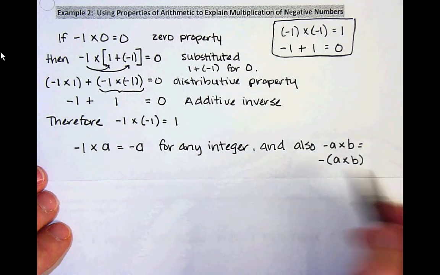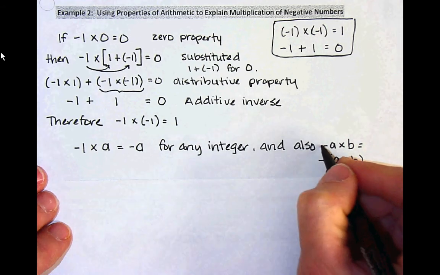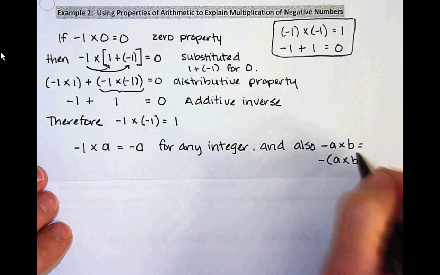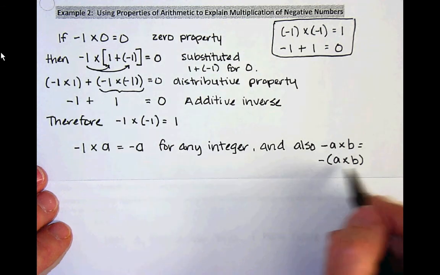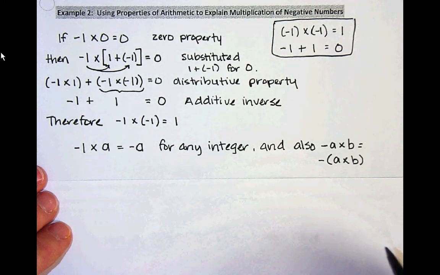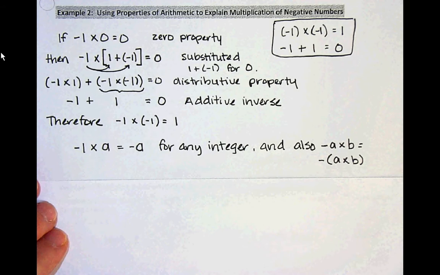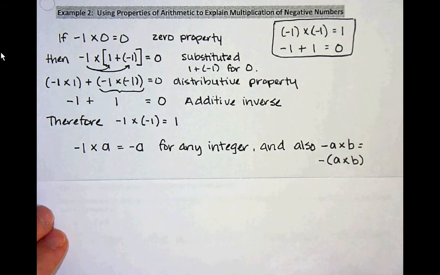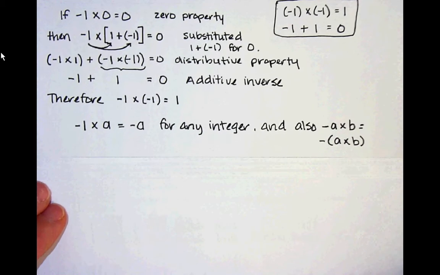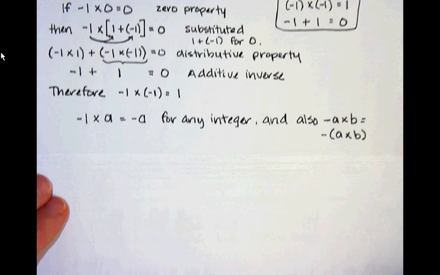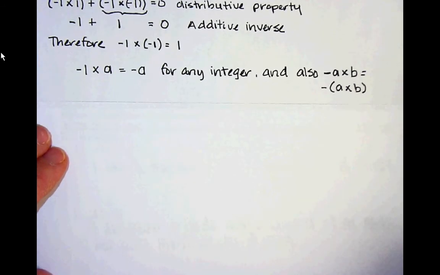And that's for any integer. So if I take the opposite of a and multiply it by b, it's the same thing as multiplying a by b and taking the opposite of it. All right, so that concludes that demonstration of how we can use the properties to prove that a negative times a negative is a positive.